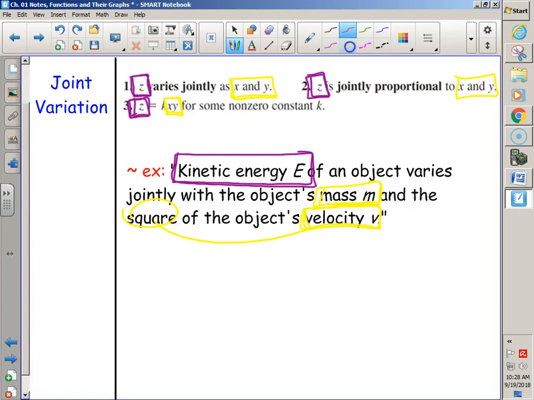So it's good to shortcut, but we can't lose any of the important information along the way. It's a life lesson in that. So E, they gave us the actual variable, right? E is equal to, where's your K? Mass and velocity squared.